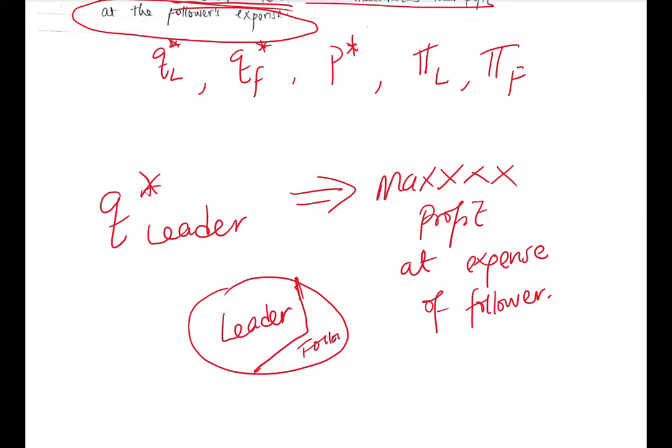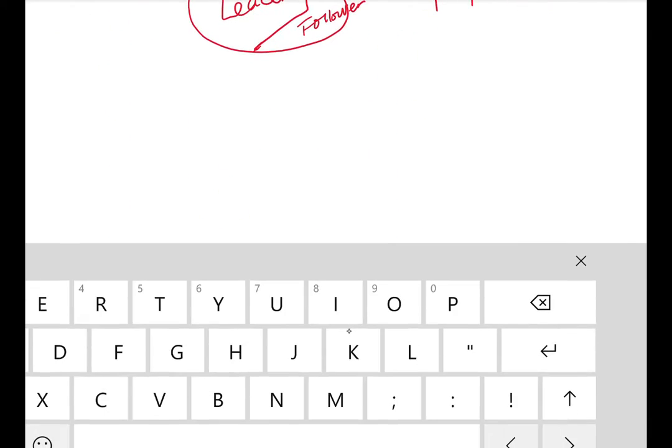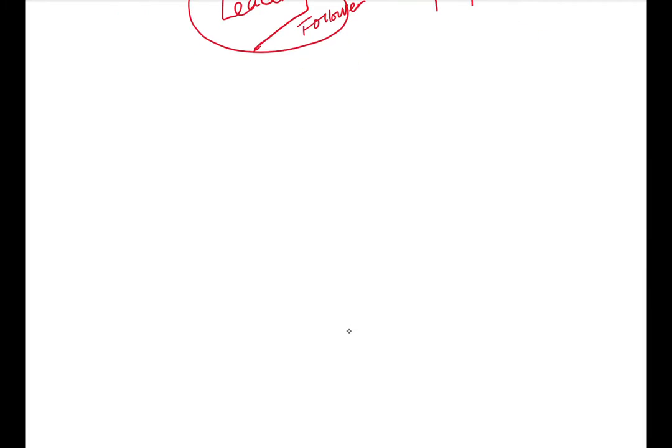All right, so let's look at an example. This is going to follow the previous example we worked on in Cournot, except now we have a leader and a follower. It's Stackelberg.